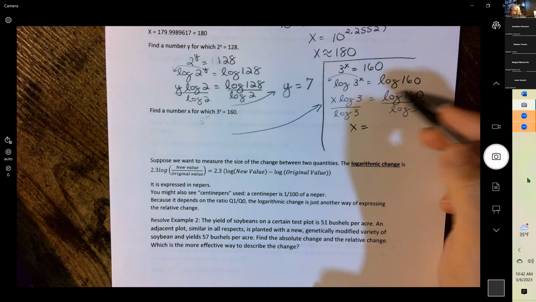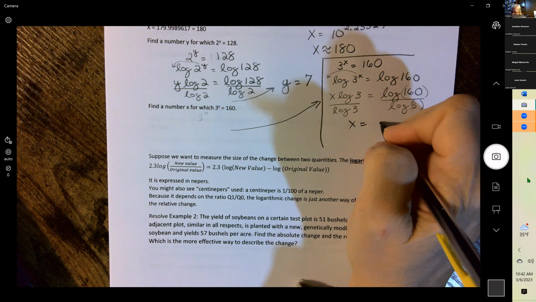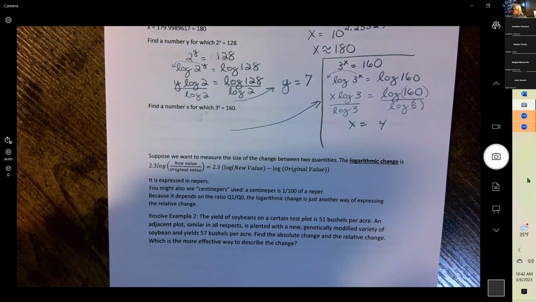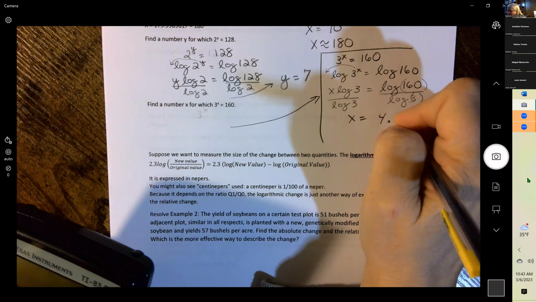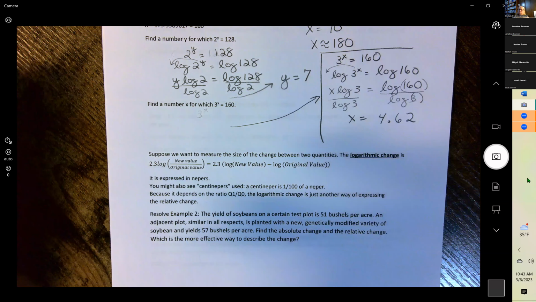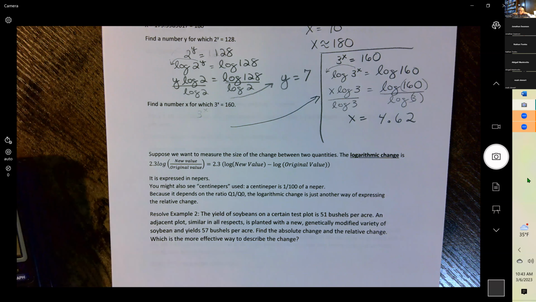And then log of 160 divided by log of 3 is 4.62. It's 4.6196222289. Any questions on that?